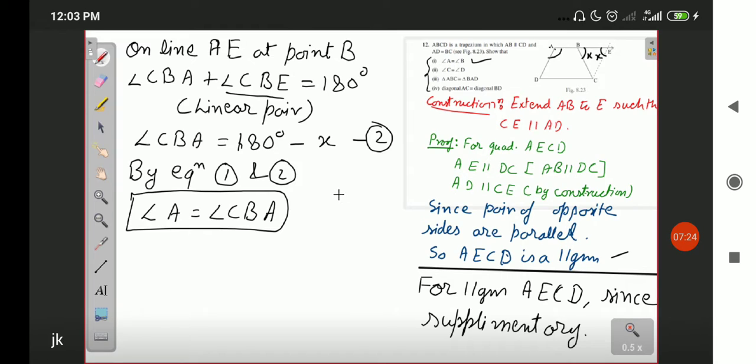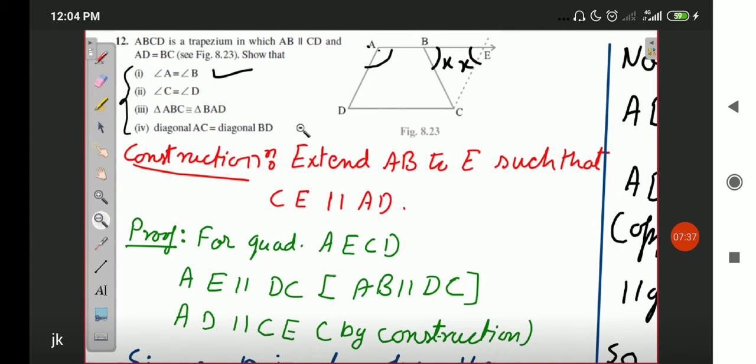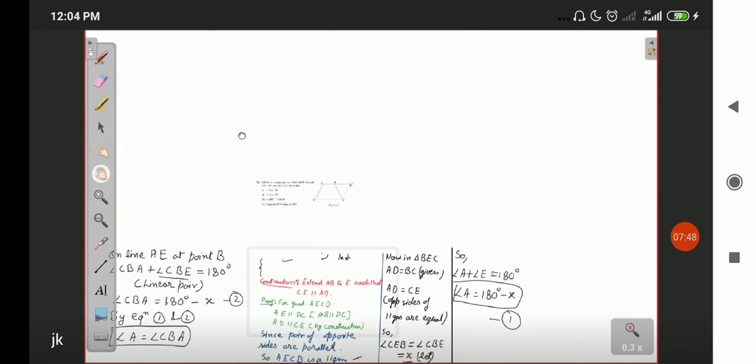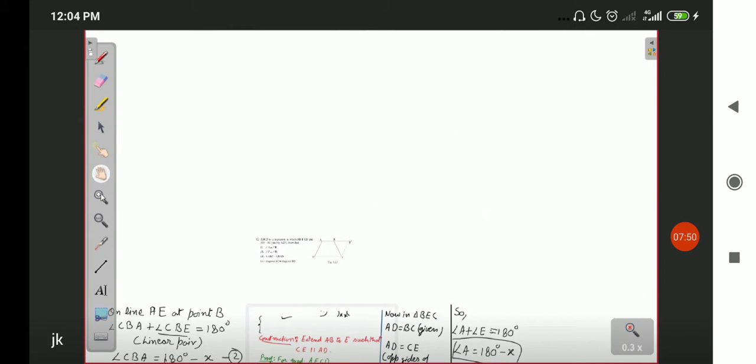Now for the second part, let me drag the question. I need more space, so I'm dragging the question upwards so that I can get more space.